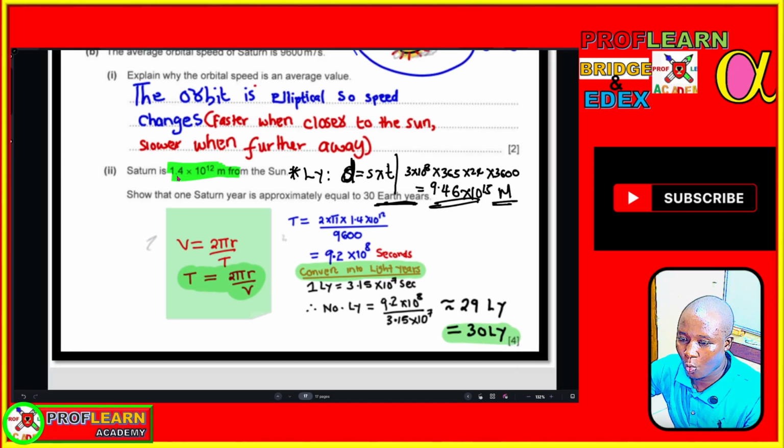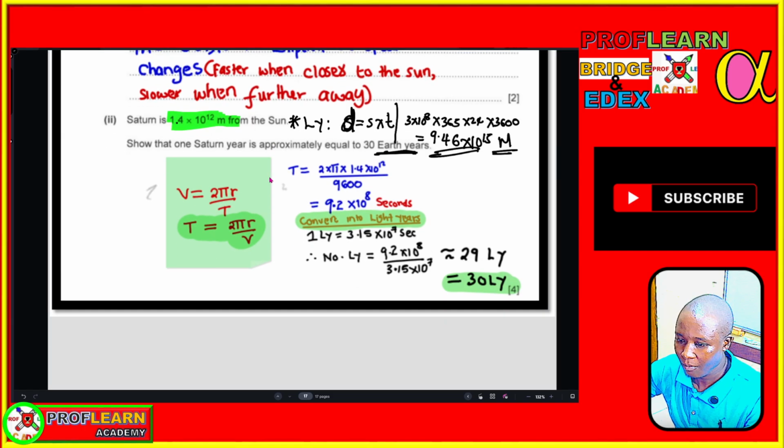Saturn is 1.4 times 10 to the power 12 meters from the sun. That's the radius. So we can use that relation, because orbital speed is v equals 2 pi r over t, right? Now we can use this formula to work out the period. Time period will be 2 pi r over the orbital speed, the average orbital speed.